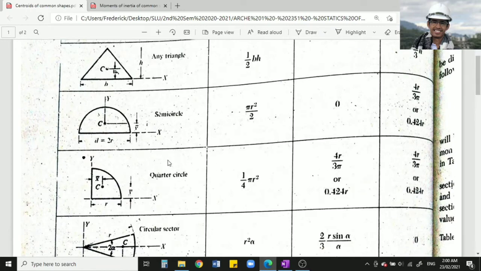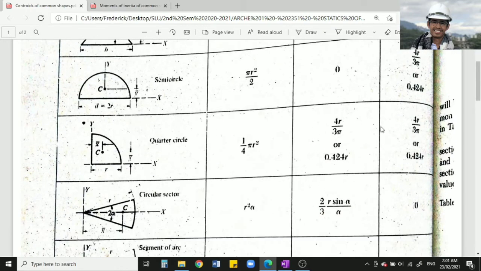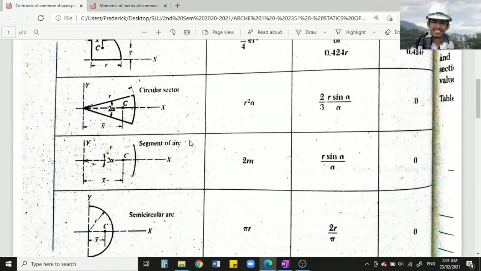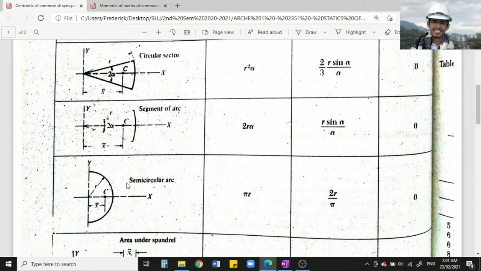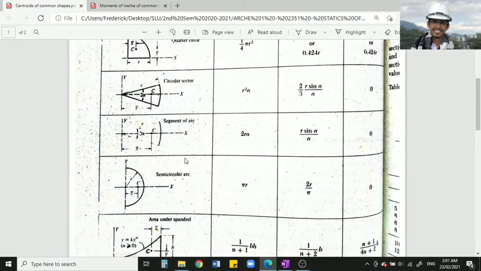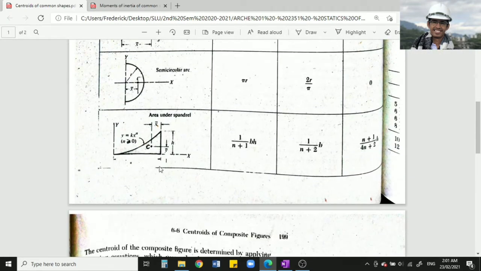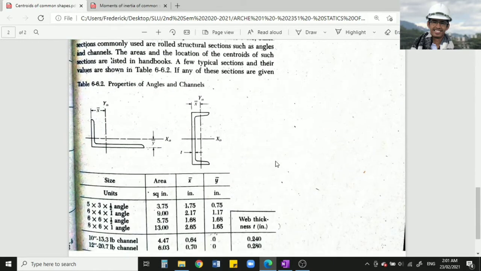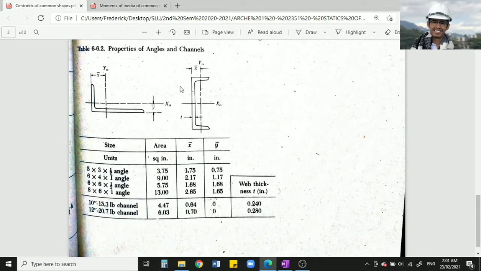So, ayan, for quarter circle. So nandito, naka-indicate na yung kanyang bar x and bar y. So hanggang segment of arc and semicircular arc, and under spandrel. Okay? And we have the properties ng mga angles and channels natin. So yung mga angles and channels natin, ito yung mga ginagamit din natin sa mga structures natin. Okay?